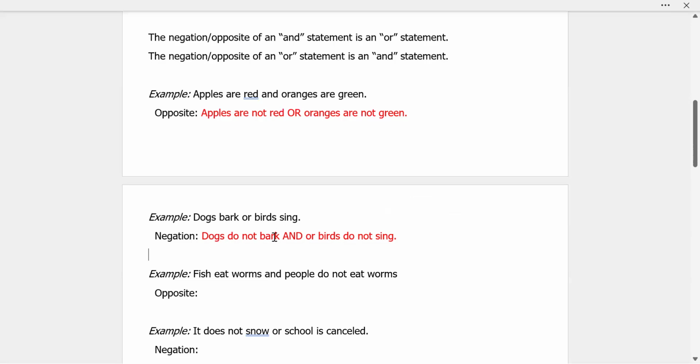So if I said dogs do not bark or birds do not sing, that would still be true. In order to make an or the opposite, I have to use an and. So dogs bark or birds sing. No, neither of those is true. Dogs don't bark and birds don't sing. Right?